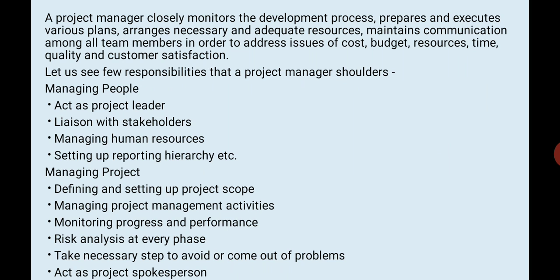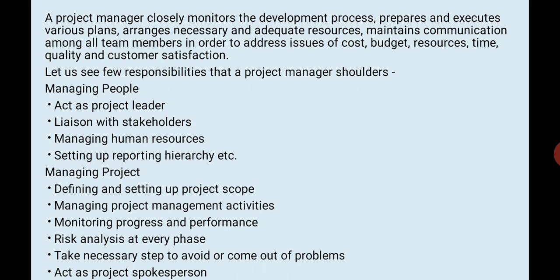So we can see here a few responsibilities of him. We categorize them into two. The first is managing people and the second is managing project. Okay. So in managing people, the software project manager has to act as a project leader. He has to liaison with the stakeholders. He has to manage the HRs and he has to set up remote reporting hierarchies also.